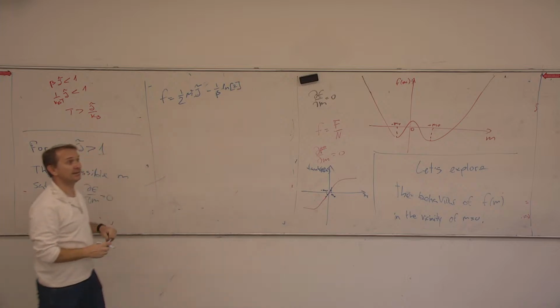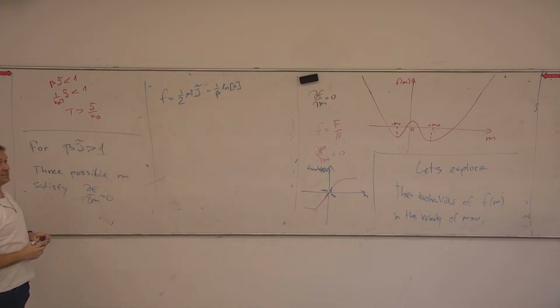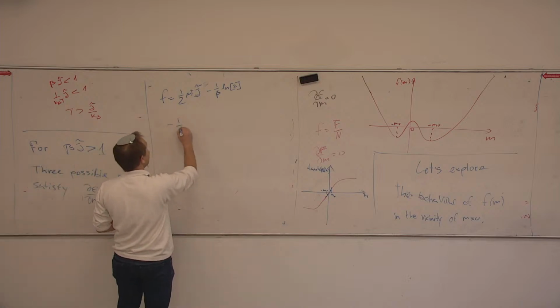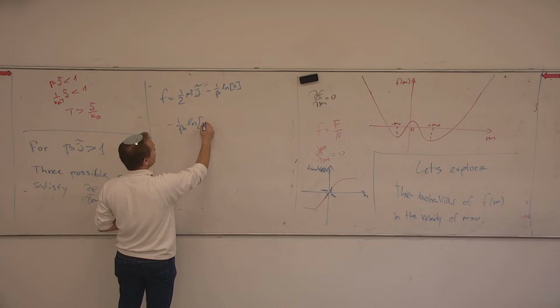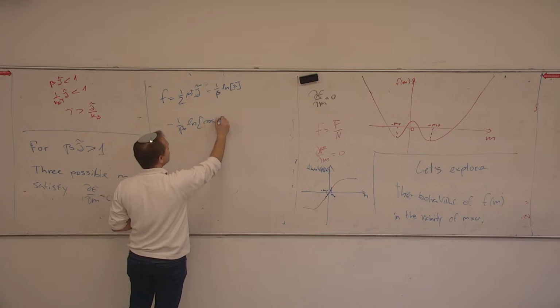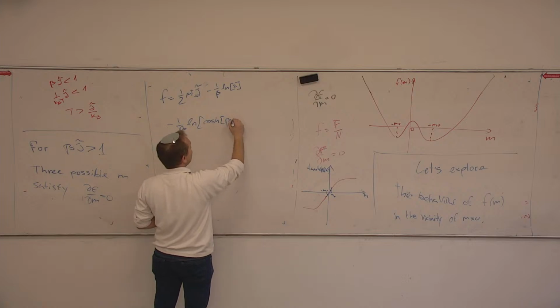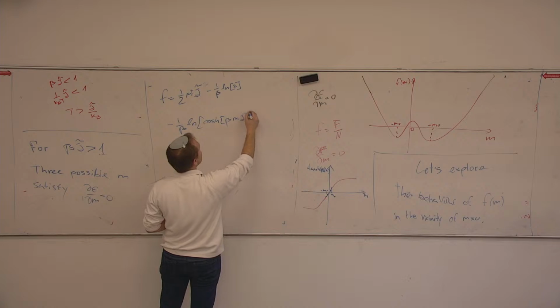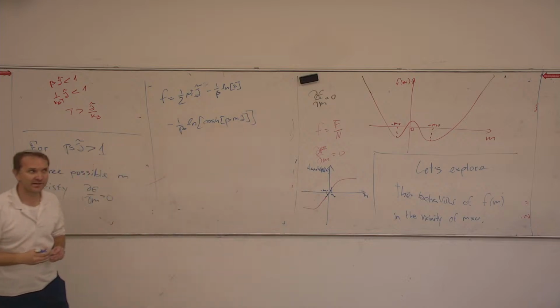Right? What else did I have over there? Minus 1 over beta log of hyperbolic cosine of beta M j tilde, right? And that's it. This is what I had.